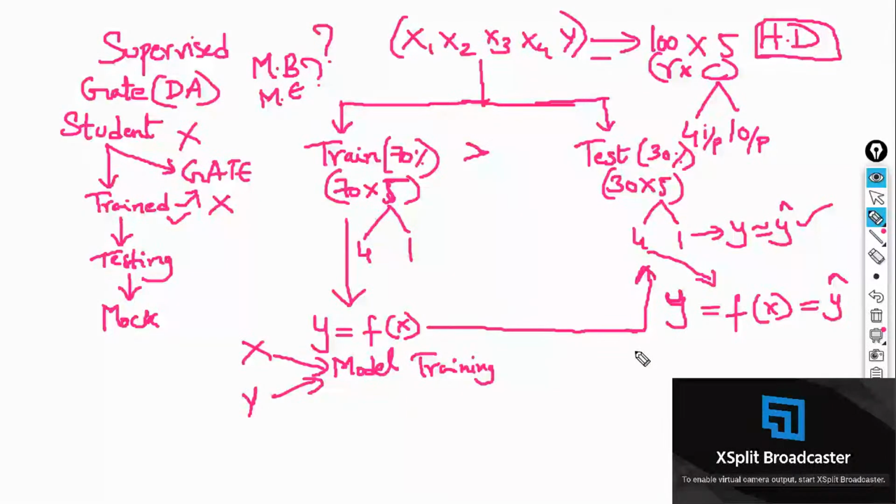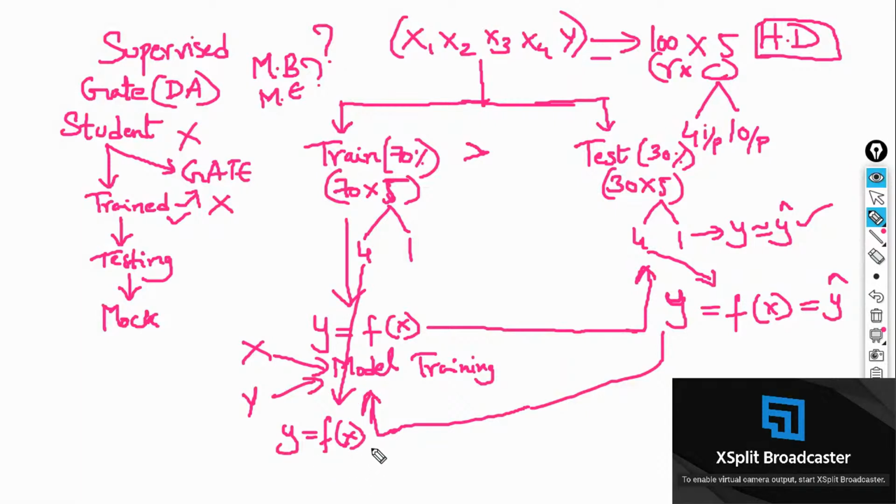Then again I'll do the same thing on the train data as well, by passing only inputs to this equation, the model. So again I'll get predictions, and I have to compare both of them, y and y cap.